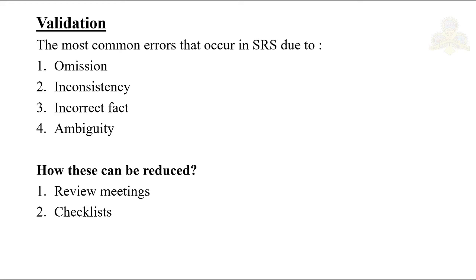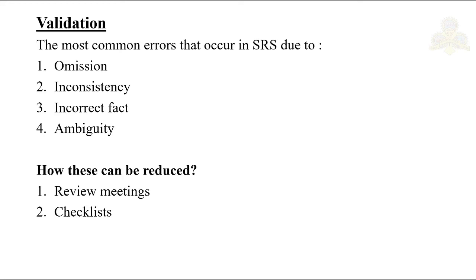Now, besides improving the quality of the SRS itself, the validation should focus on uncovering these types of errors. Inspections of the SRS, frequently called requirements review, are the most common method of validation. So how can we check whether the SRS does not have ambiguity or inconsistency? Through the requirement review. What will happen in this requirement review? A review group would be created.